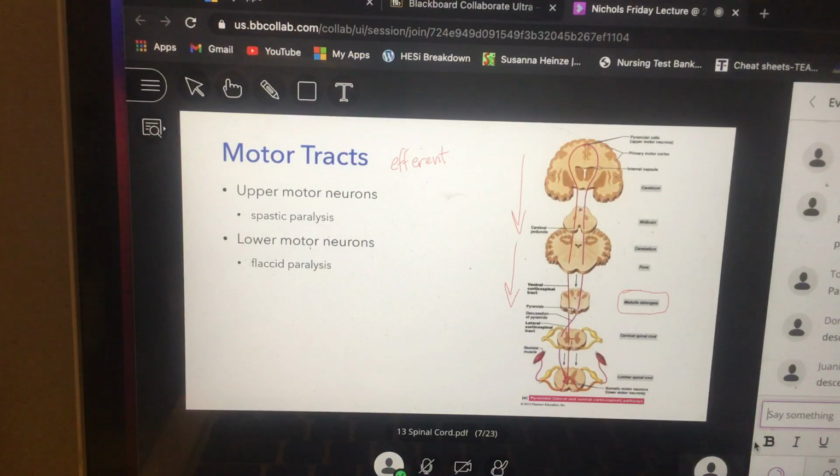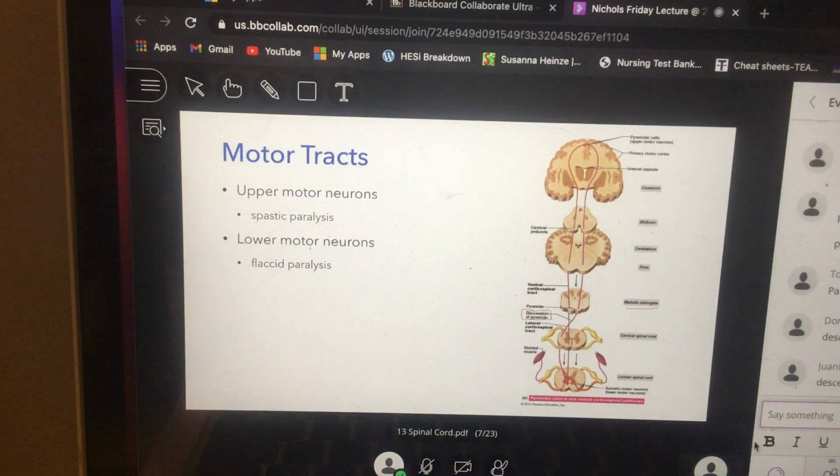We kind of talked about this a little bit last week, that at the front of the medulla, there are these two big, thick ridges that consist of literally hundreds of millions of myelinated axons, moving down through the pons, and the vast majority of them actually cross over at the medulla before you even get to the spinal cord. That's looking pretty messy, isn't it? But they cross at the medulla at what's known as the decussation of the pyramids.